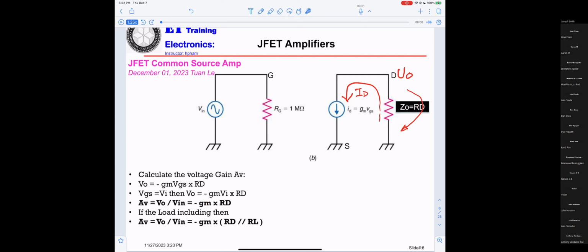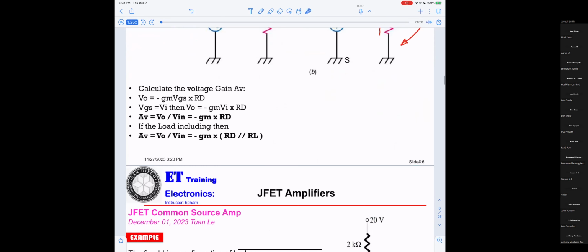In here, they just give RD, so that will be RD. However, if you get a load, they will be in parallel, same.